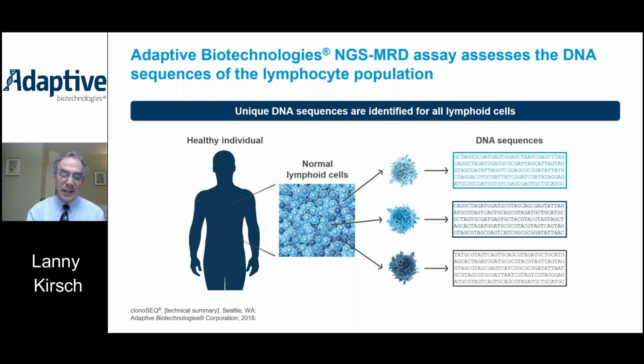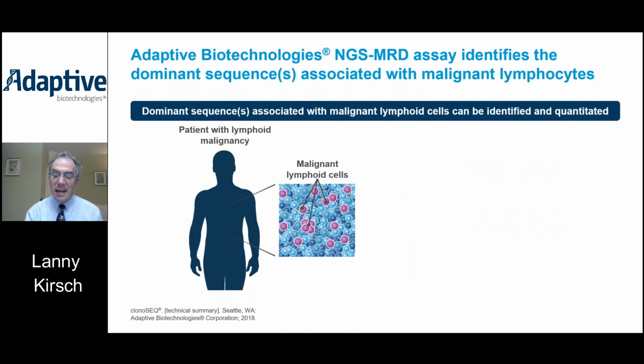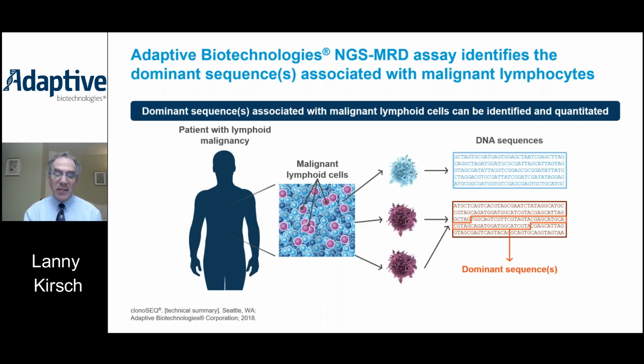In contrast, in a diagnostic sample from a patient with leukemia, lymphoma, or myeloma, again, all of the B or T cells are profiled, but the sequences that reside within the abnormally proliferated clone emerge as dominant over all of the rest of the sequences. These dominant sequences, corresponding to the malignant cell population, are tagged for subsequent tracking in samples obtained during this patient's course of therapy.